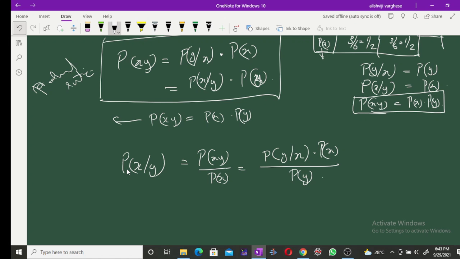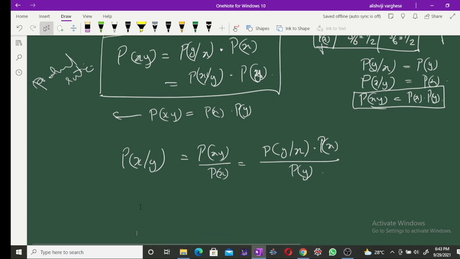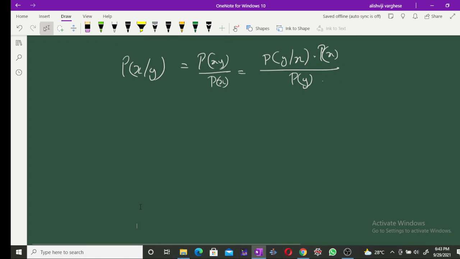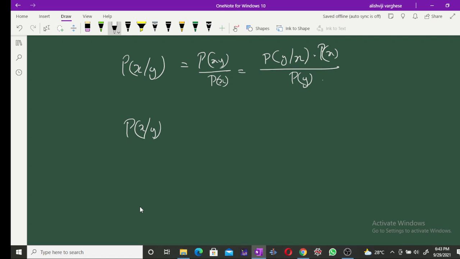So this expression will give the probability of x given y as probability of y given x into p of x divided by p of y.